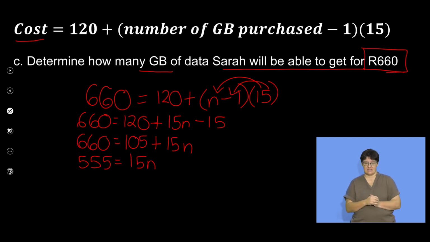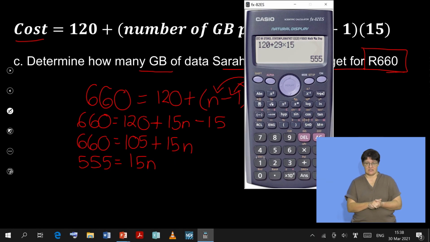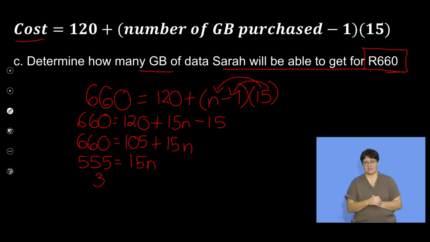Then what I'm going to do is divide by 15. So let's get my calculator. 555 divided by 15 will give me 37. So that means Sarah would have bought 37 gigabytes of data.